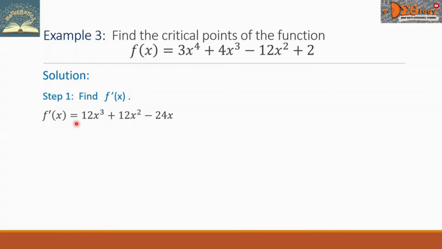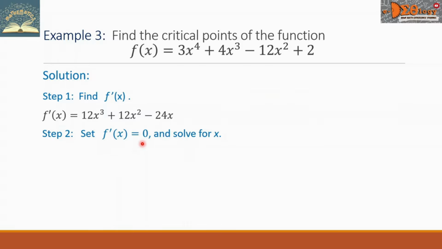So f prime of x equals the derivative of 3x to the power 4, which becomes 12x to the power 3, plus the derivative of 4x cubed, which becomes 12x squared, minus the derivative of negative 12x squared, which is negative 24x. The derivative of plus 2 is 0. We don't write it here.